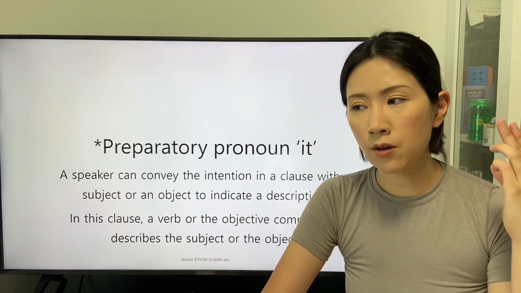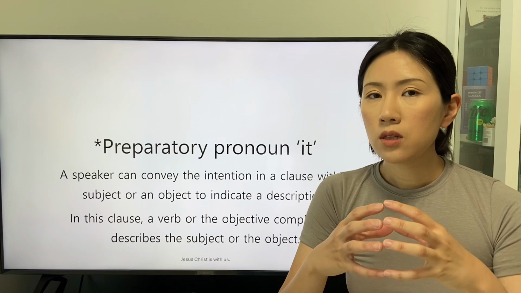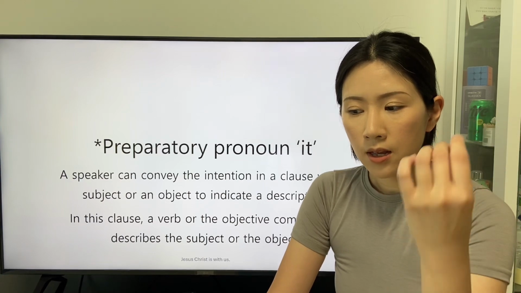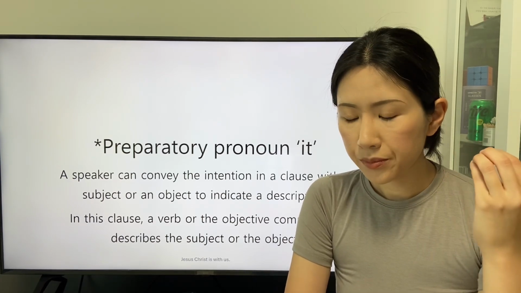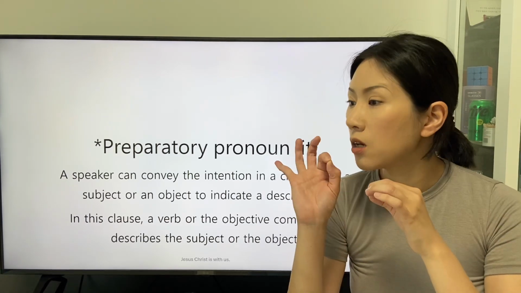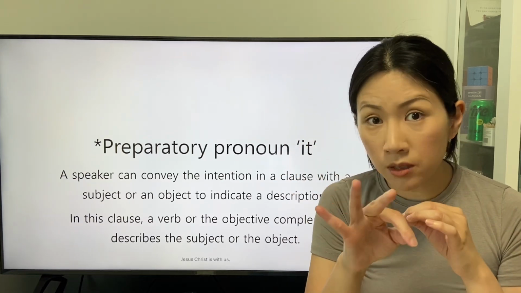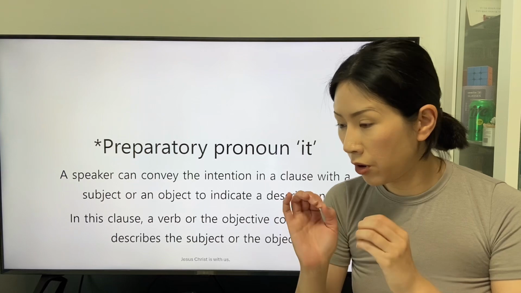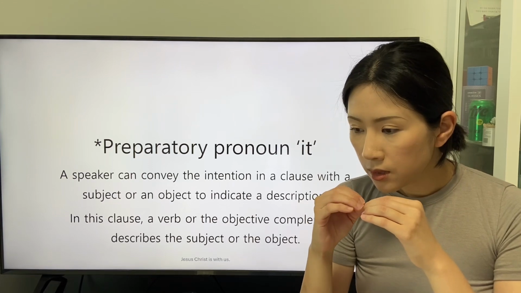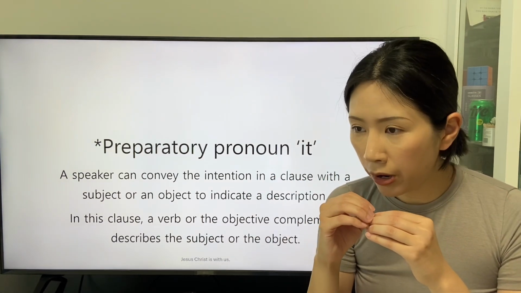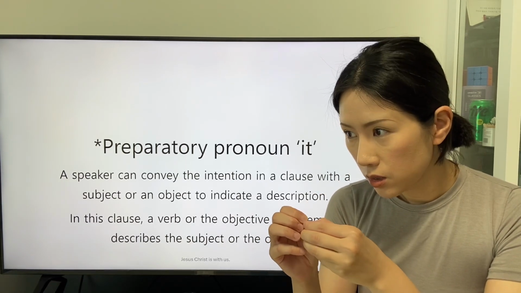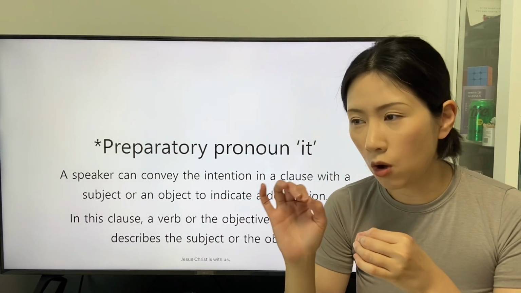Then we can think of the occasion that the to-infinitive or gerund includes a description to indicate an experience or condition or an action, and the verb or the objective complement describes the subject or the object with a description to indicate an experience or condition or an action.